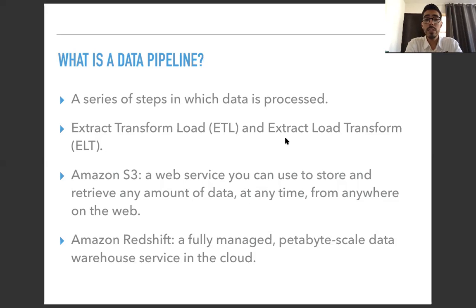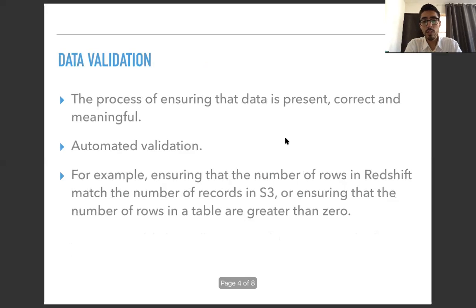And then you have the Amazon Redshift, which is a fully managed petabyte scale data warehouse service in the cloud. So this one, you can actually store data in its final state. You can query the data and you can process it, and it's fully managed. So it depends on what you need to do with it. If you just need something to store the data, S3 is really good. But if it's something that is already managed, that can hold different databases and can process some data, Redshift is your choice. All right, let's move on.